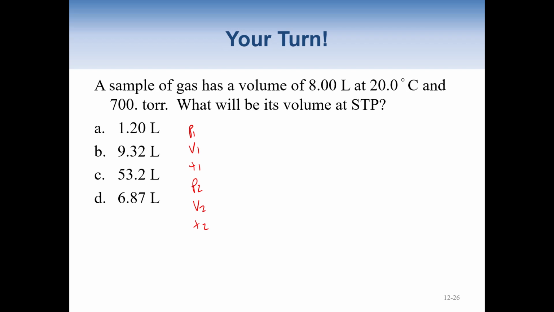Pressure 1, 700 torr. Volume 1 is 8 liters, and temperature 1 is 20 degrees Celsius. Volume is our X, standard temperature is 273, and standard pressure is 1 atm, or 760 torr.